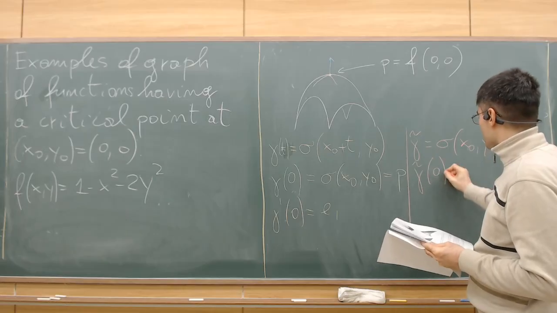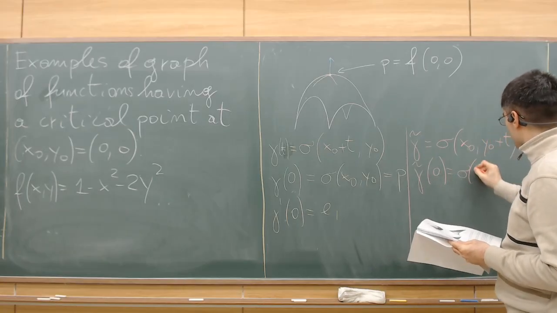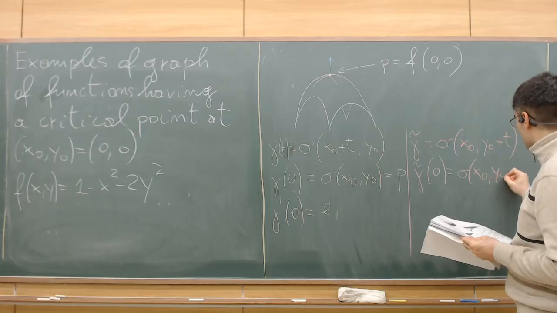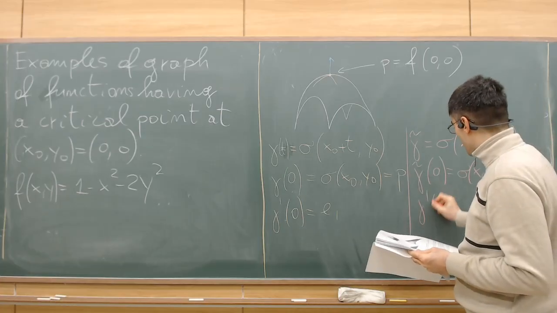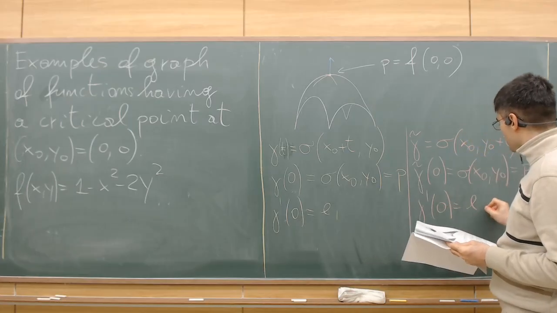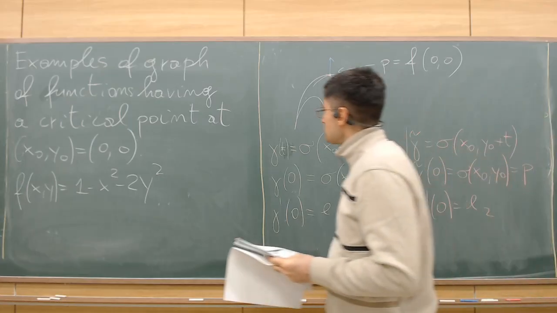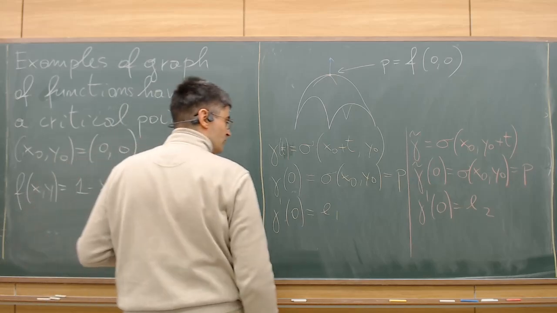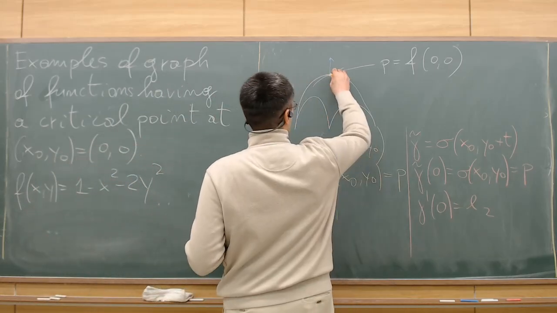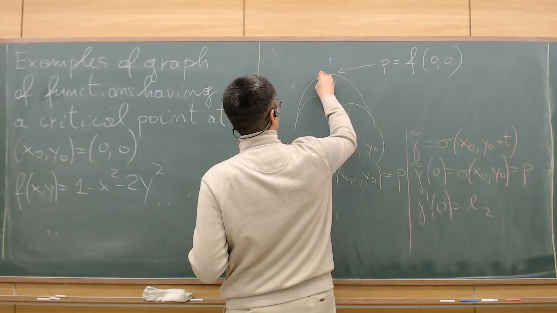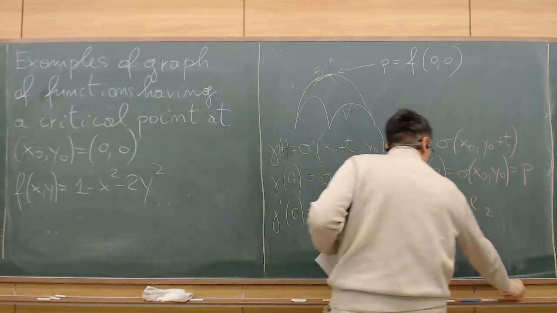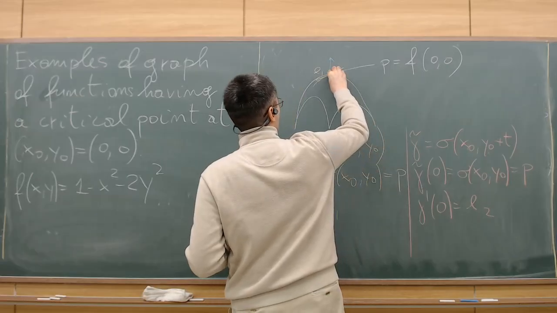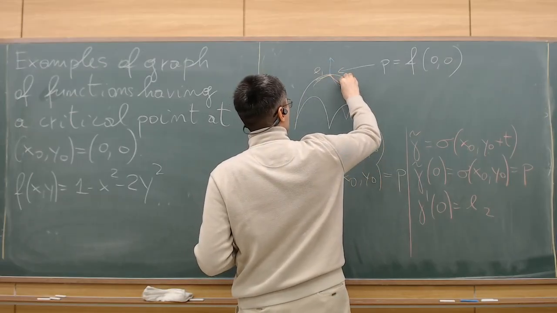Gamma tilde 0 is sigma of x0, y0 equal P, and gamma tilde prime 0 is equal to E2. So I should write also that this is E1 and this is E2.